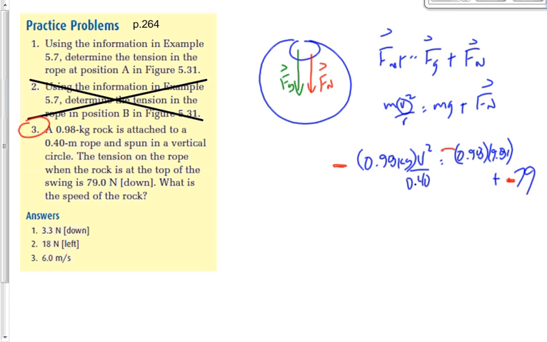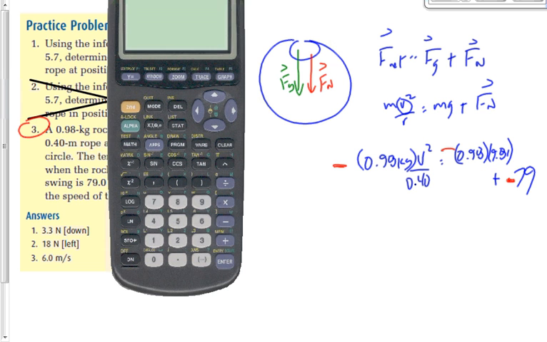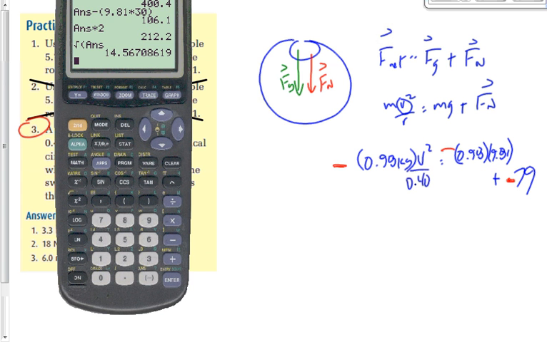So let's try to simplify this a little bit. I'll pull out the calculator to do this. 0.98 divided by 0.4 gives me a value of 2.45.